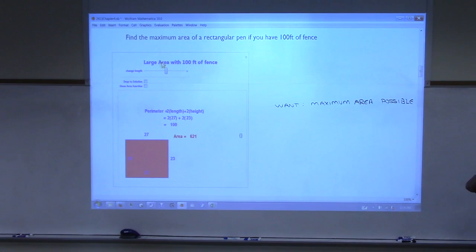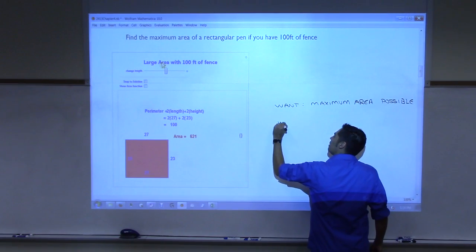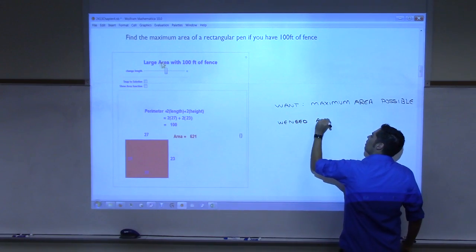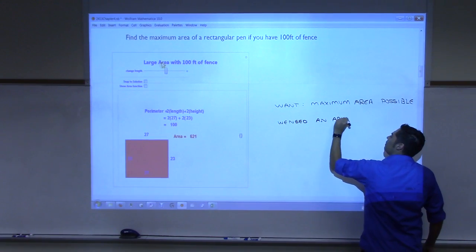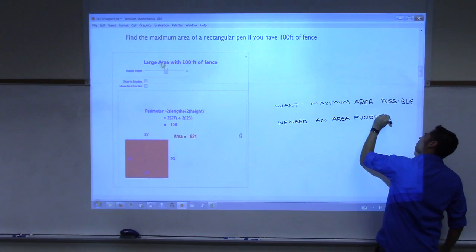So we want the maximum area possible, right? Which means we need an area function. Why do I need an area function?